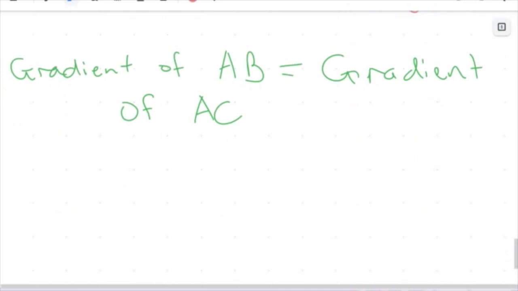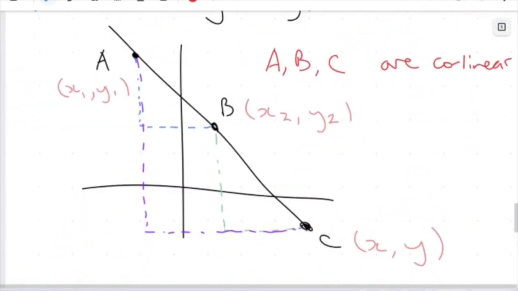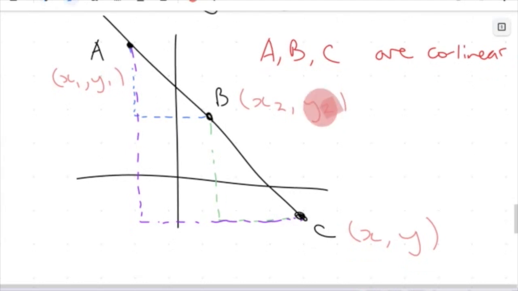So that means that the m of AB, the gradient of AB, the rise over run of AB, is going to be equal to the rise over run, m, of AC. Now, how can we actually express the gradient of AB? Well, we can write that as y2 minus y1 over x2 minus x1.